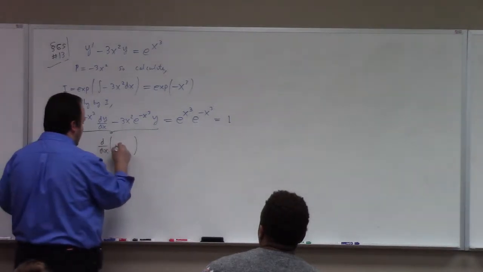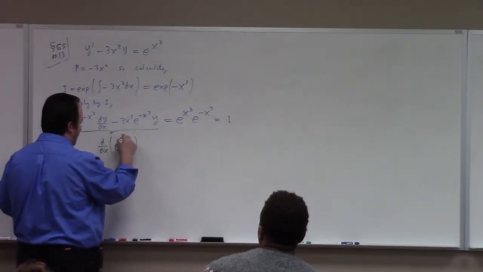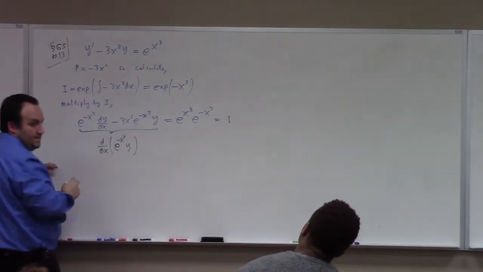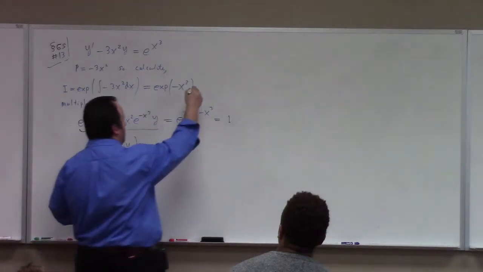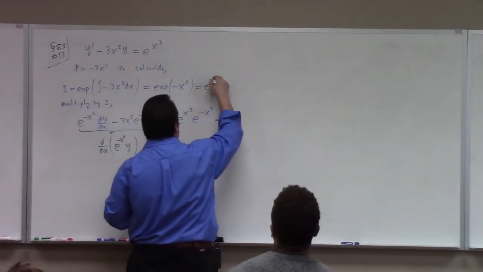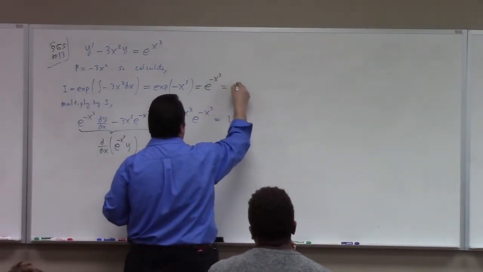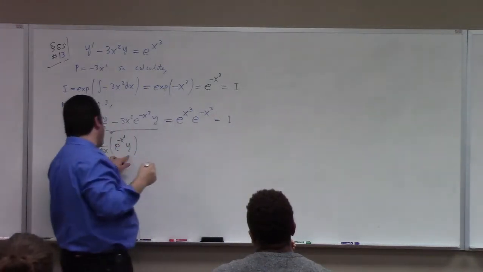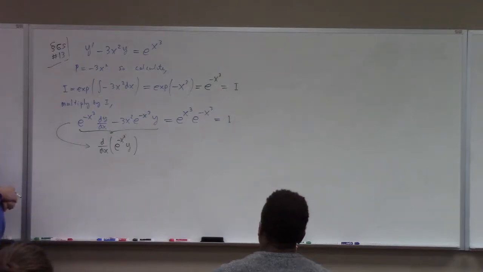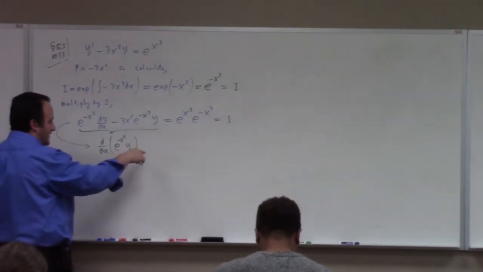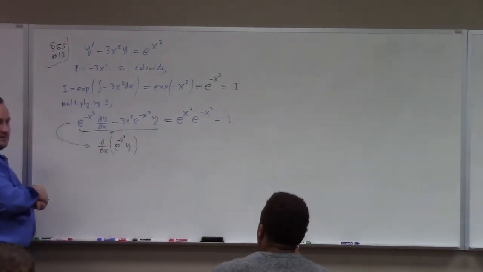Yeah, e to the negative x cubed. See, if we did it right, it's going to work out to the integrating factor times I being the thing that's differentiated. The reverse product rule step here. Again, you can check by differentiating this and getting back to where we were.